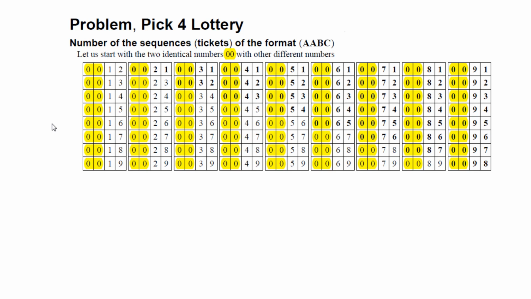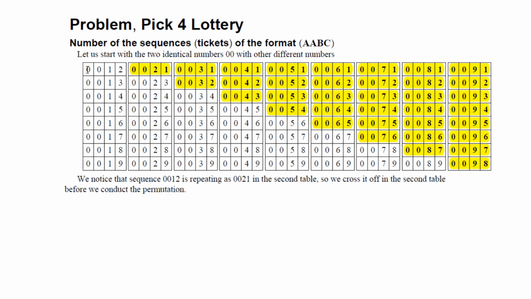But we have to notice something very important, that we have similar combinations. We have 0012 and 0021, and when we start to permute, let's say this ticket and this ticket, we are going to get a mutual element between them, so we are going to count the same element more than once.